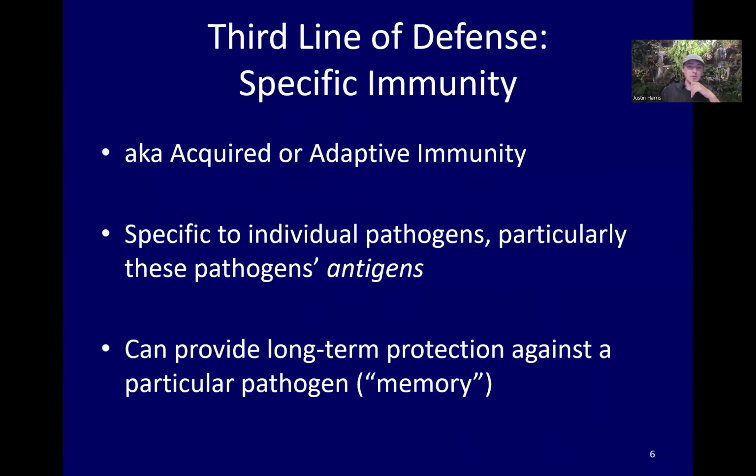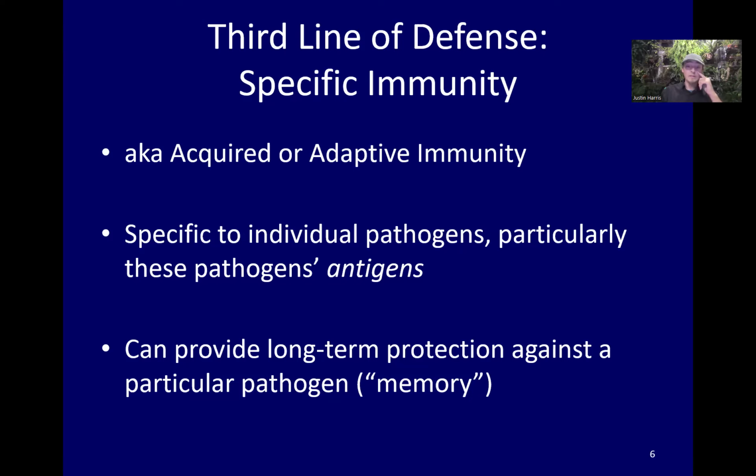And so the adaptive immune system is that third line of defense. First, we have the first line of defense, which is those physical and chemical barriers that are non-specific and ever present. We have the second line of defense, which is the cellular response that is non-specific to pathogens within the body. And then we have the adaptive response.